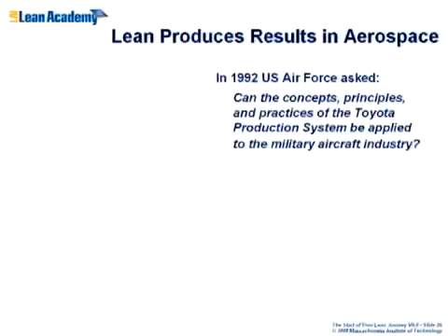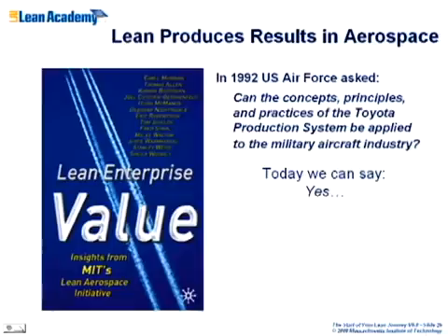But a 3-star general in the Air Force said, can the concepts and principles and practice of the Toyota production system be applied to the military aircraft industry? And they gave a contract, a study contract, to MIT, and in the early 90s, the answer was a resounding yes.